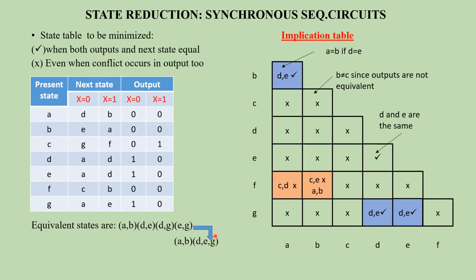So instead of having D repeated several times or E repeated several times, we are going to put all together and have a reduced state, which is getting reduced to A, B forms an equivalent state and D, E, G stands for another equivalent state, right?